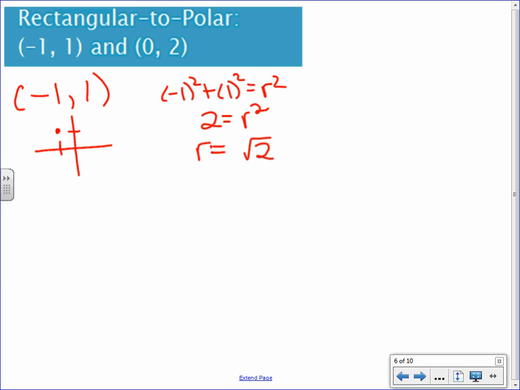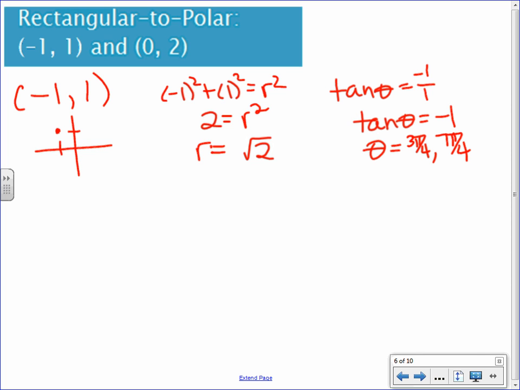Okay. Now we need a theta. How do we find theta? Tangent of theta is y over x. So when is the tangent equal to negative 1? Seven pi over 4.